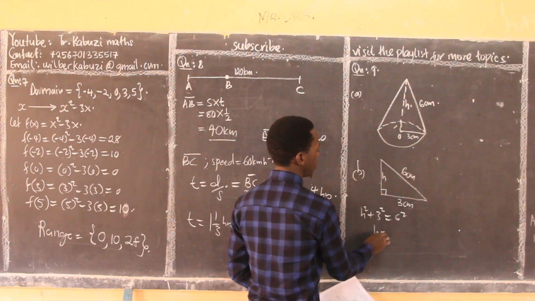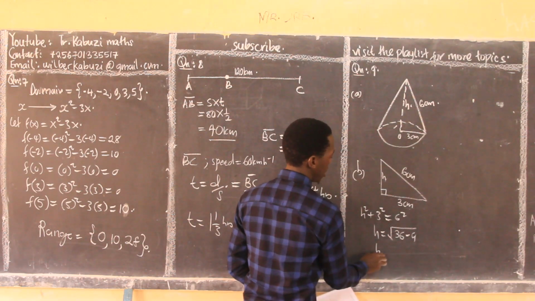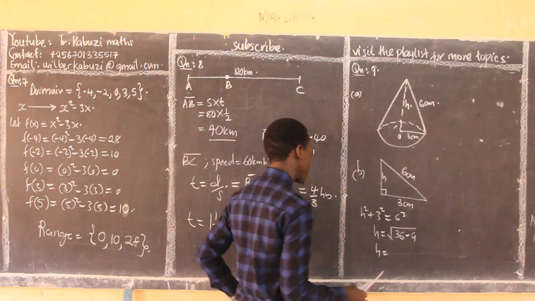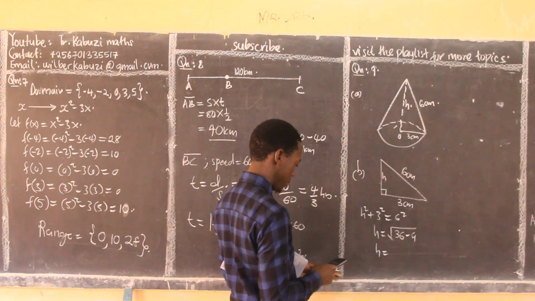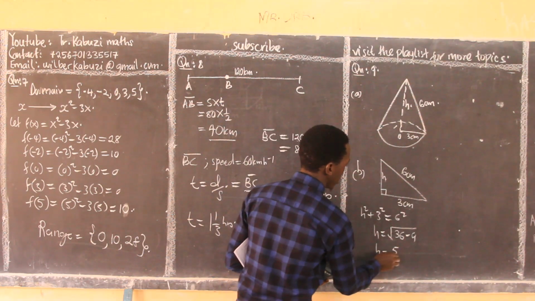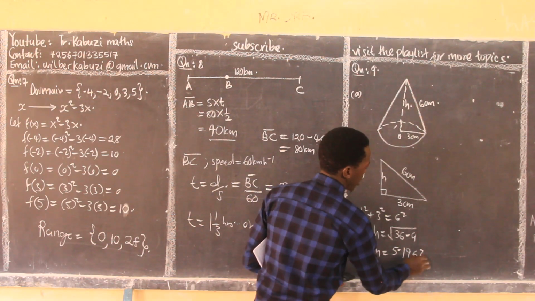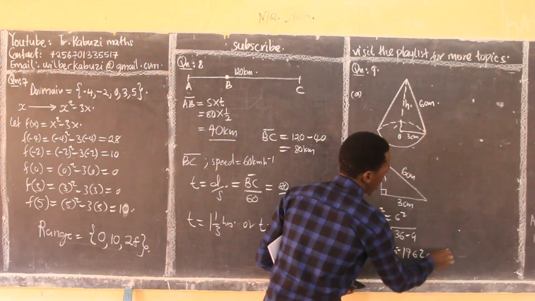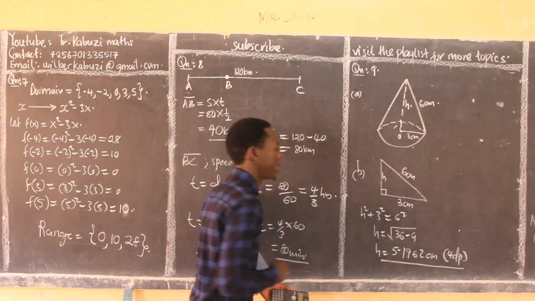So my h is going to be the square root of 36 minus 9. Give the answer to 4 decimal places, unless the question says otherwise. Centimeters in brackets, I'm giving my answer at 4 decimal places.